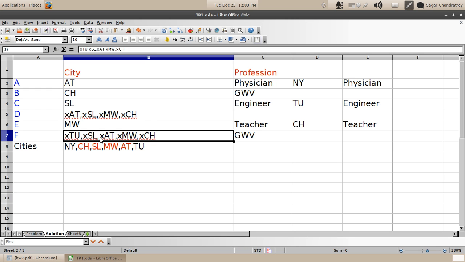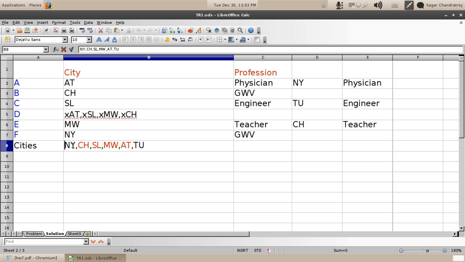F. F is not from Tulsa, St. Louis, Atlanta, Milwaukee or Chicago, so F has to be from New York. So New York gone, so I'll color New York in red. The only city that remains is Tulsa, which is for this person.